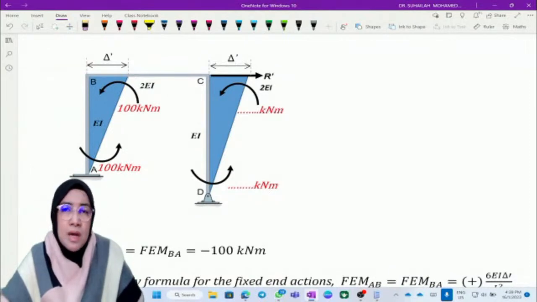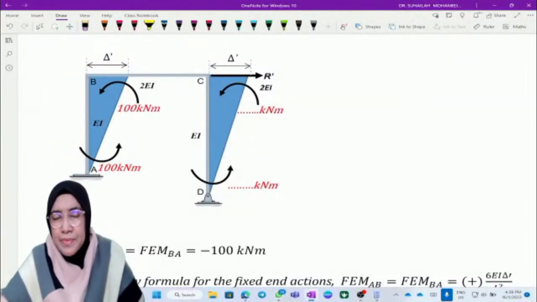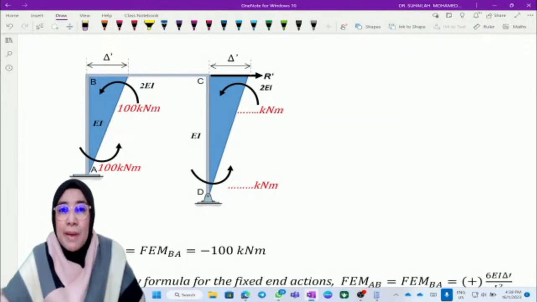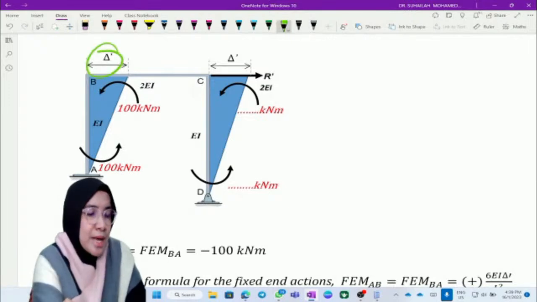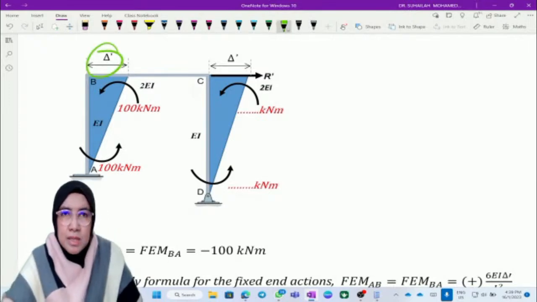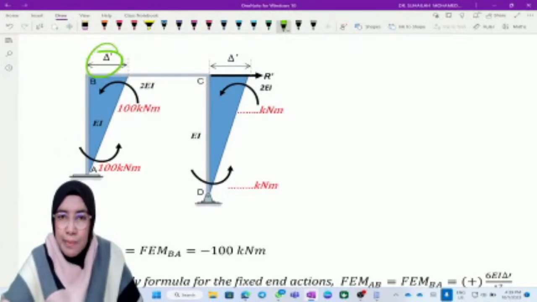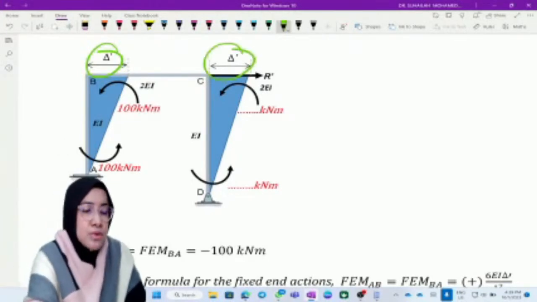Both are vertical elements, so the shear for a vertical member is horizontal, perpendicular. That is why delta prime is the horizontal deflection at B and also the horizontal deflection at C.